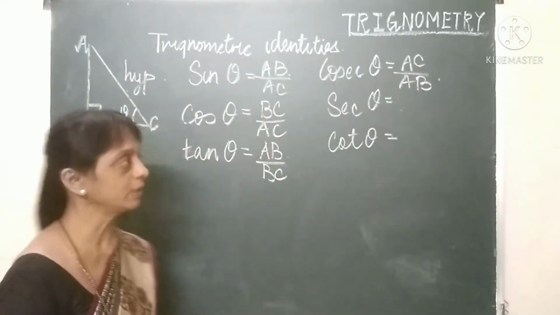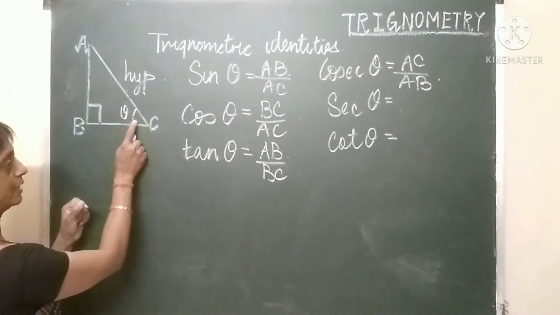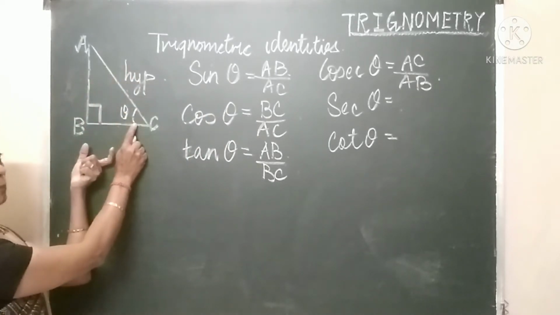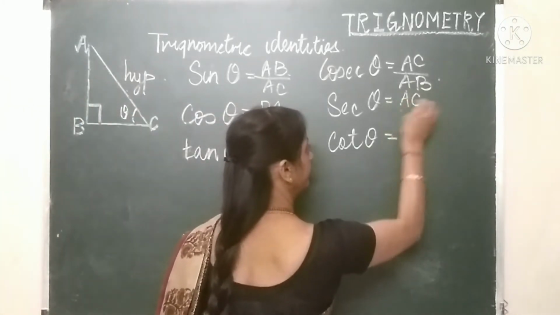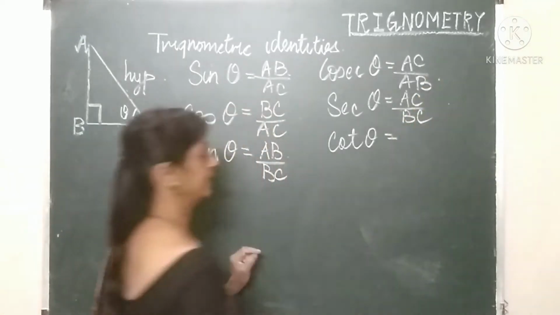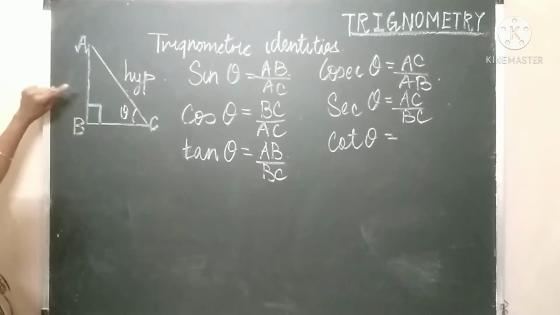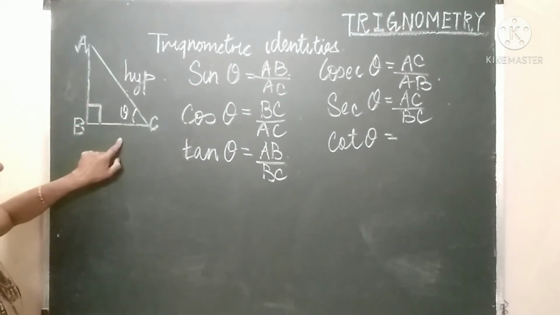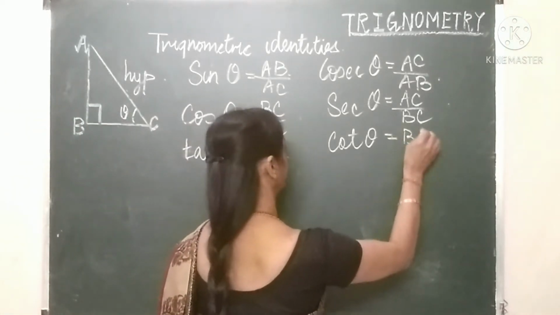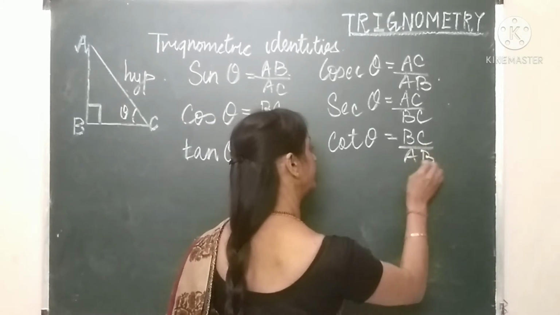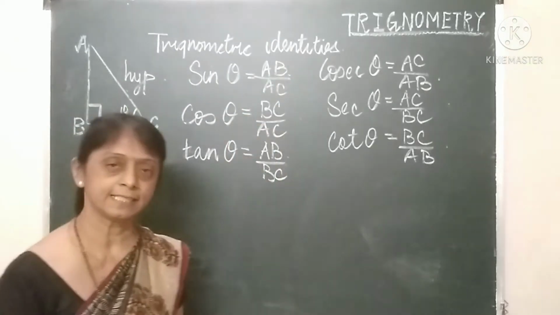Sec, as it is the inverse of cos, will be hypotenuse upon adjacent side, AC upon BC. And the inverse of tan was adjacent side upon opposite side. That is BC upon AB, just its reciprocal. So, how do we now get the trigonometric identities?